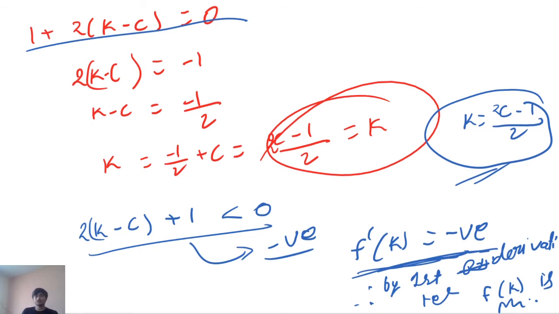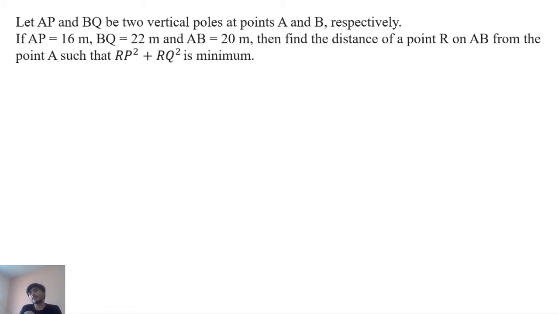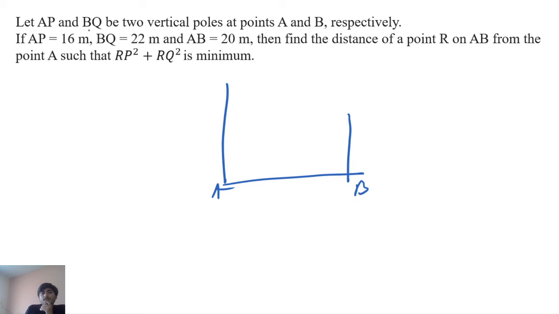Okay guys, so hope all of you understood something. Same way you can solve many other problems. Like in this case, AP and BQ are two vertical poles at points A and B, with P and Q at points A and B respectively.